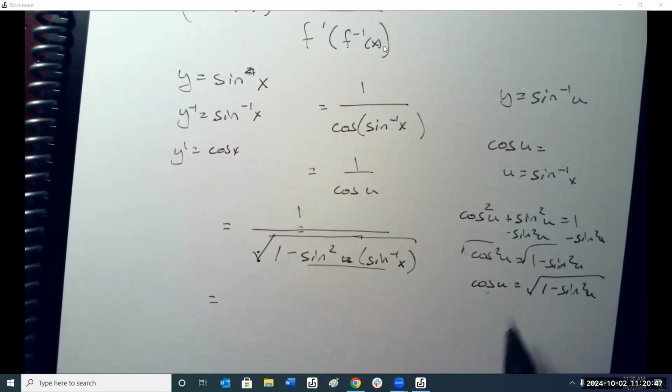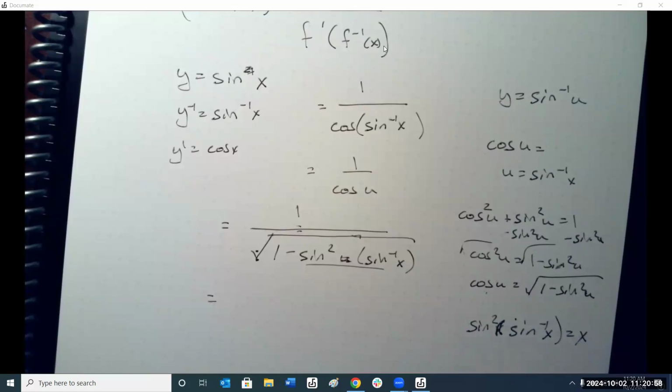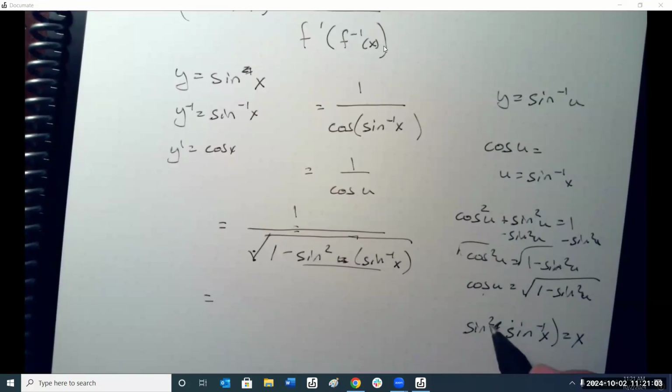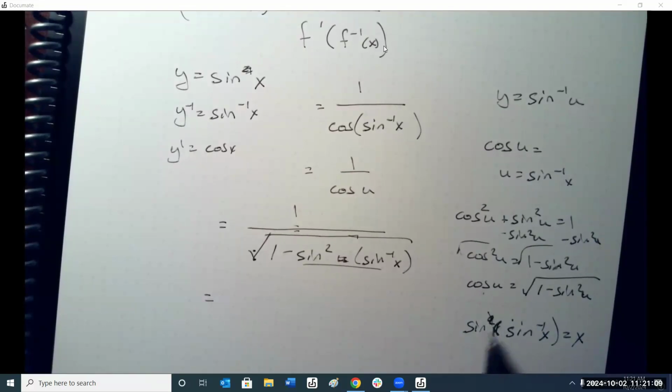What is this going to become? Sine squared of inverse sine, that becomes x. Well, not squared, because they're inverses of each other. So if sine of the inverse equals x, then 2 of those will become 1 minus x squared.